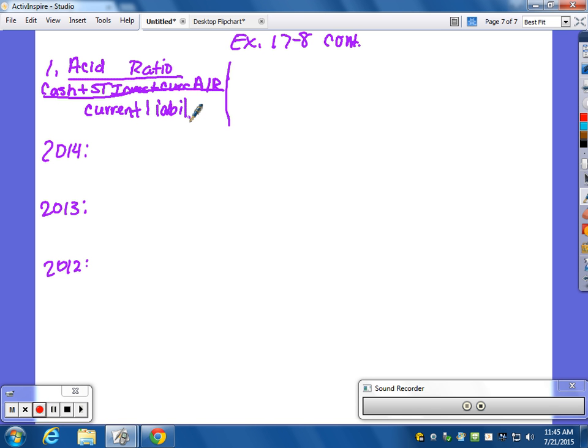In this case, do you have any short-term investments? No. So you have cash and accounts receivable, and as far as current liabilities, you have accounts payable.